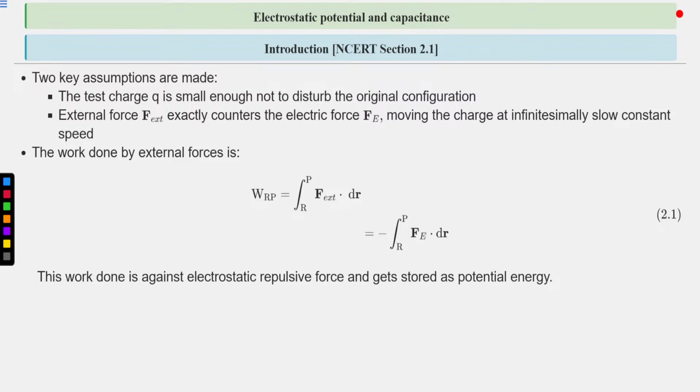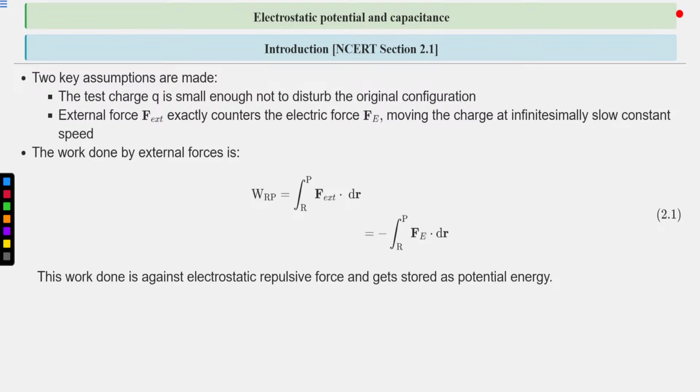And this work done is against electrostatic repulsive force and gets stored as potential energy. So we are moving the test charge against the electric force of source charge. So force between them is repulsive, so we have to do the work to overcome this repulsion.